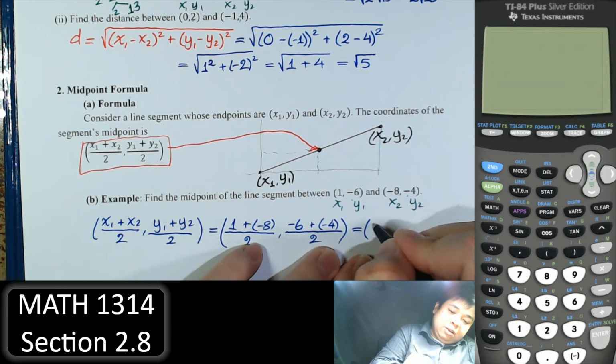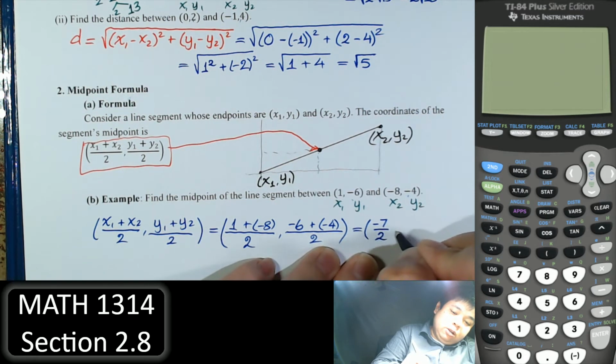So we have negative 7 over 2, and negative 10 over 2 is negative 5.